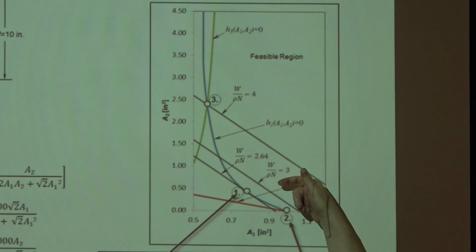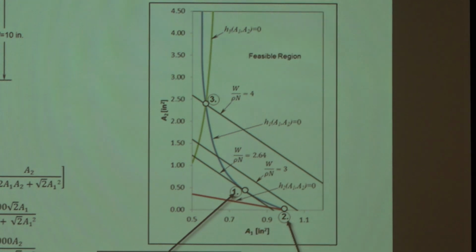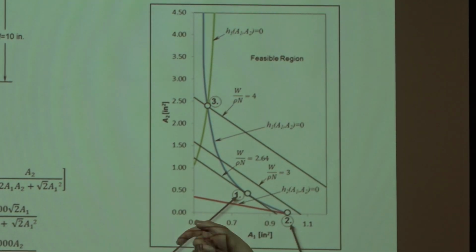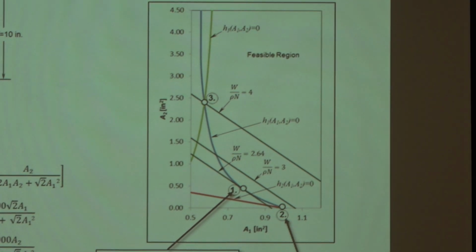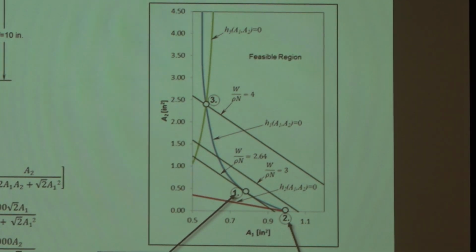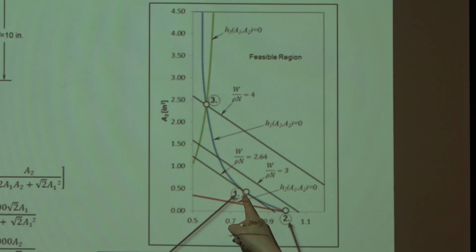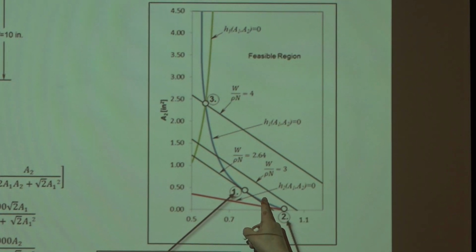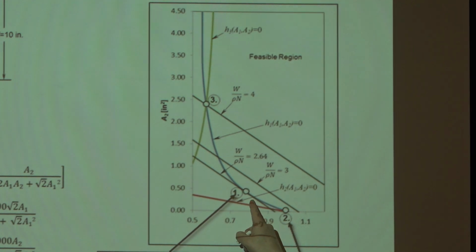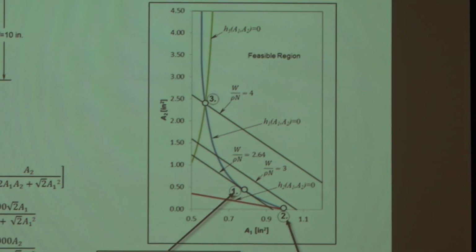So we want to find somewhere that doesn't violate these constraints, that's furthest down towards this corner, the lowest weight combination, right? And that is very clearly at this point right here, because the way that this H2 or H1 constraint is set up, this is the point where it dips down furthest into W.